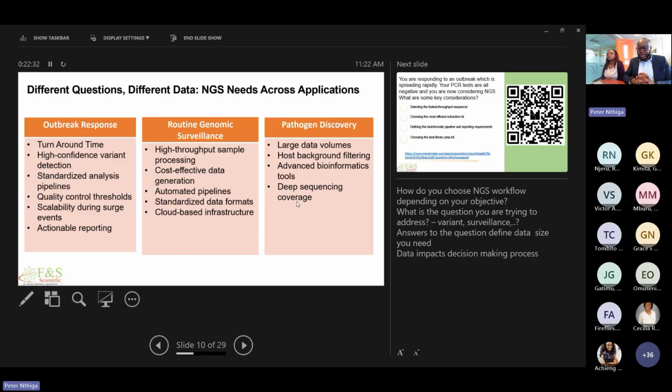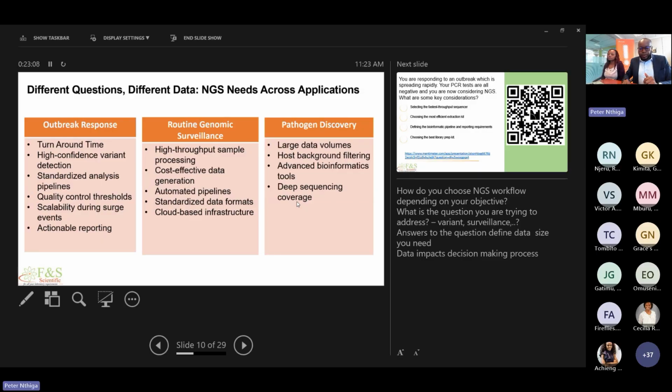Aspects like deep sequencing coverage will be critical in this particular objective. So just to again highlight, depending on the goal, or rather the objective of what we are really aiming for, and this should be guided by the data that we are aiming to present or to analyze at the end of the day, will really impact what kind of approach or strategy we should quickly aim for.